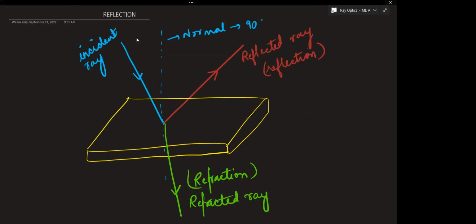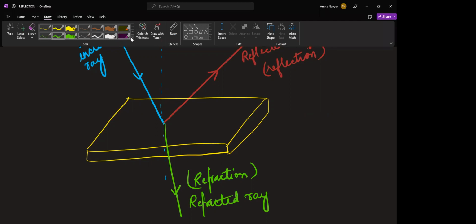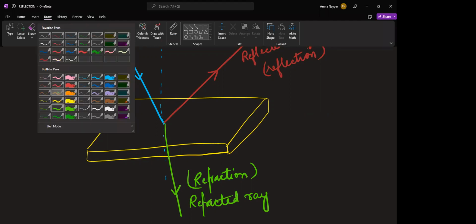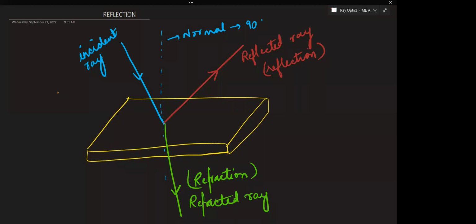And one more thing that can occur, which obviously you will not be able to observe, is that some portion of the incident light that is striking the surface may be absorbed in the second medium. So we say that is absorption. Obviously absorption will not be visible to you. Here, some portion of the light has been absorbed.